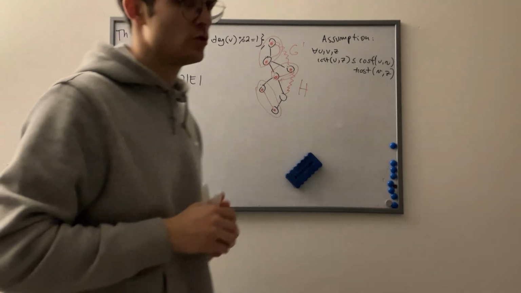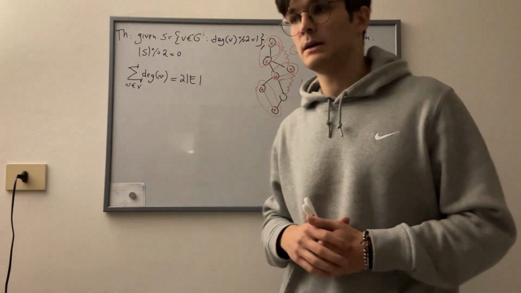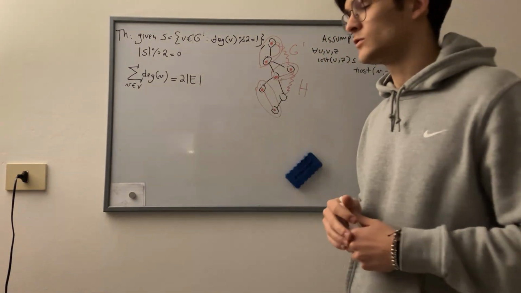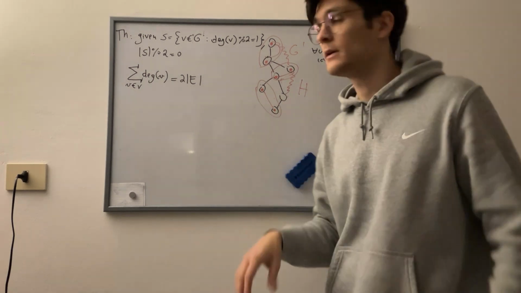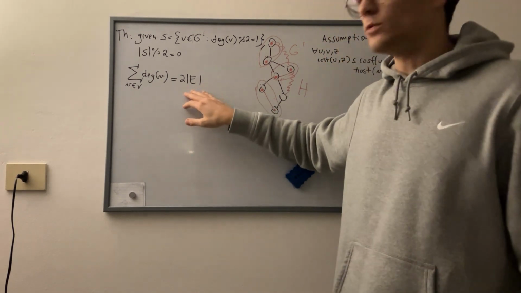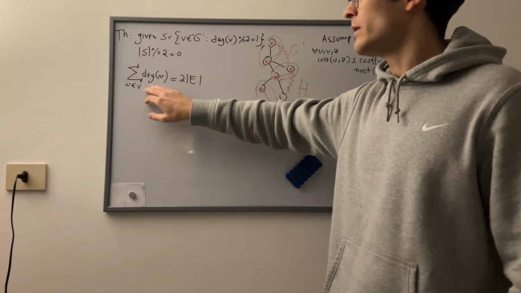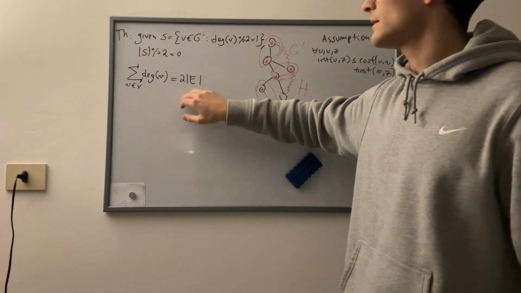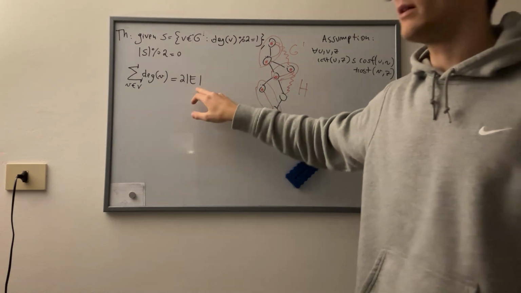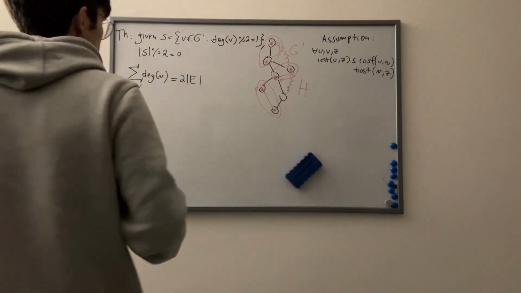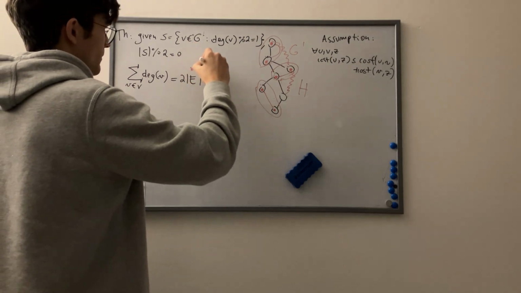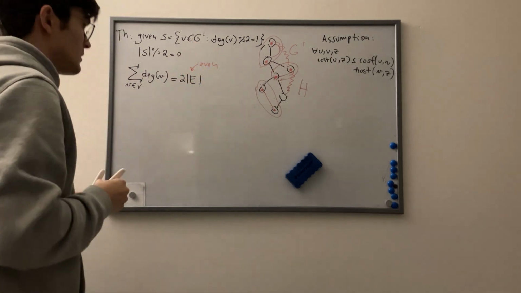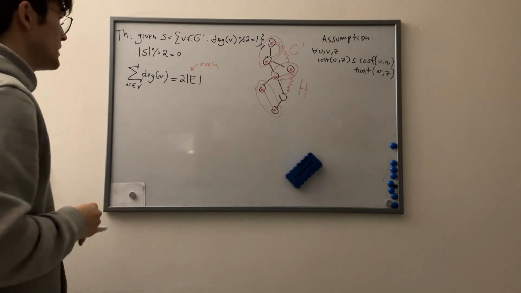This is something that you should learn if you're analyzing this sort of algorithm on an undirected graph. This is always true: the summation of the degree for each node is always twice the number of edges that you have in the graph. So we can see that this is obviously an even number, because any number multiplied by 2 is even.